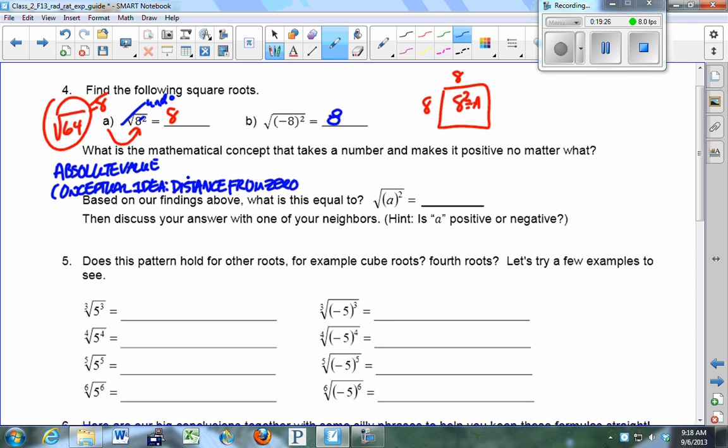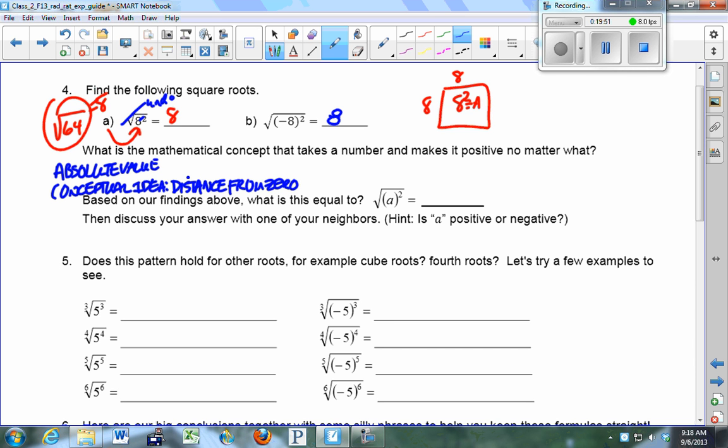All right, so the whole idea here is that when you see the square root of a squared, you have no idea what kind of number a is. A could be like this, 8 being squared, or it could be -8 being squared. You don't know because a is a variable.